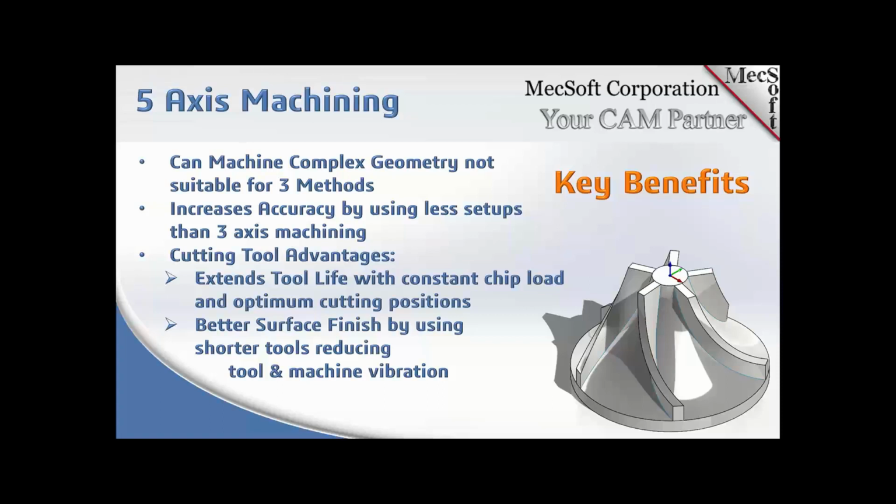By machining in 5-axis, you can use your tool to access the features and set up a constant cutting condition. And then also, you can get a better finish by using shorter tools, with less deflection, and reducing tool and machine vibration.